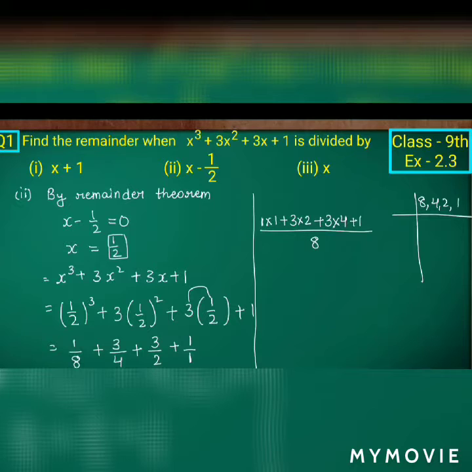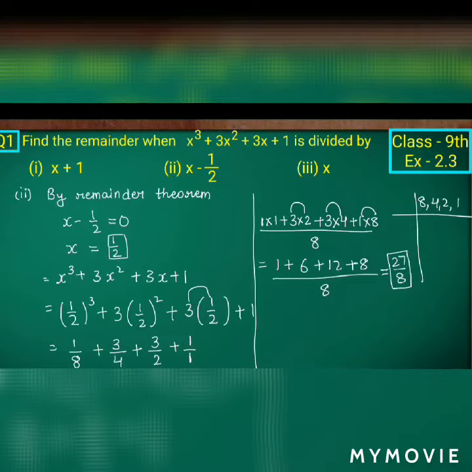Now we'll just do this one. 1 into 1 is 1, plus 3 twos are 6, plus 3 fours are 12, plus 1 eights are 8, by 8. So we know that 1 plus 6 is 7, 7 plus 12 is what? 19, 19 plus 8 is 27 by 8.